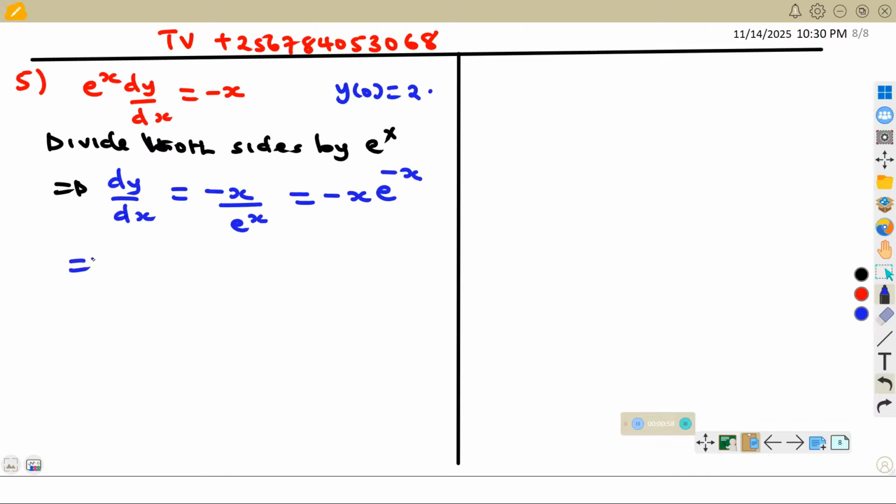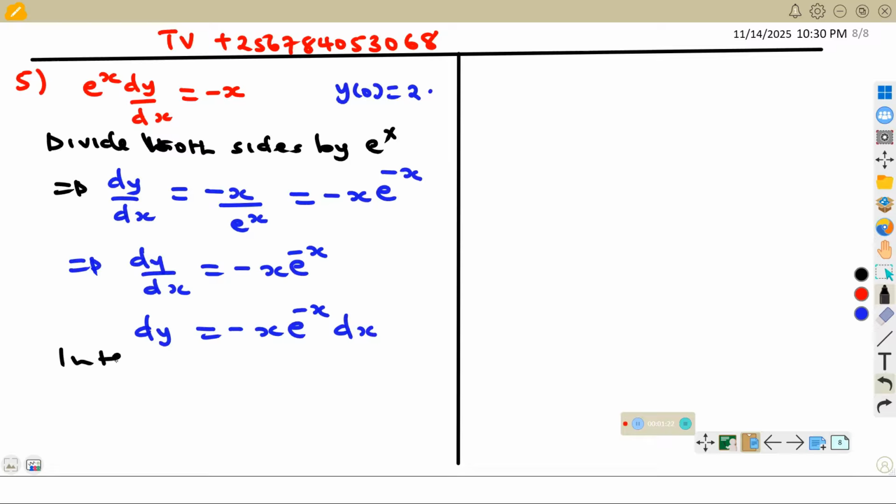So in other words, dy/dx = -x e^(-x), and from here we can have dy = -x e^(-x) dx. So from this point, we shall integrate on both sides.